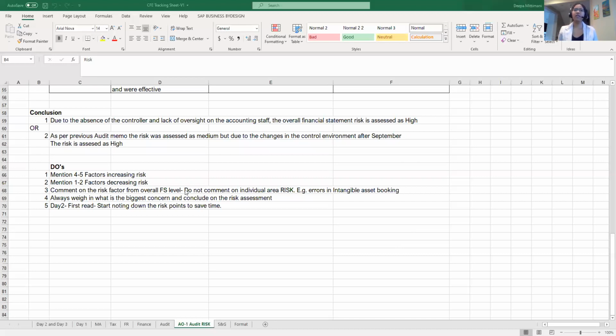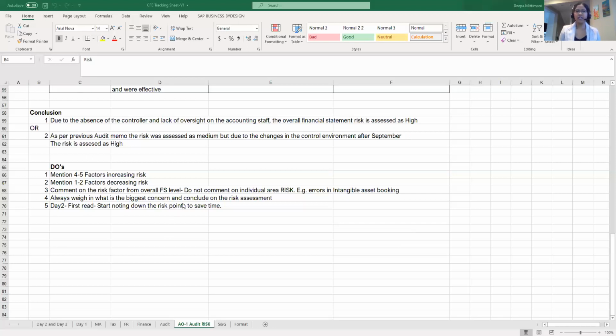It should be based on the impact on the overall financial statement. So you can comment that there were several errors identified in these areas, so it increases the risk of material misstatement in some other unidentified areas in the overall financial statement. Don't comment on one specific area. Keep it at the overall financial statement level.